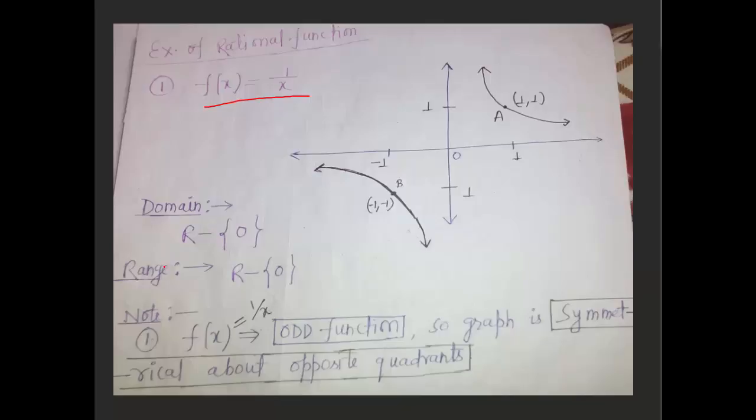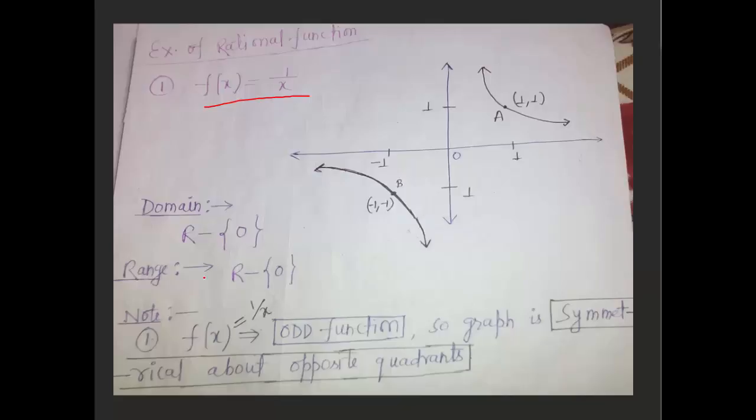The domain of f(x) equal to 1 by x is all the real numbers excluding 0. That means for x equal to 0 you cannot find the value of y, because if you take x equal to 0, then 1 by 0 will be infinity, which is not desirable, or y cannot assume infinity.